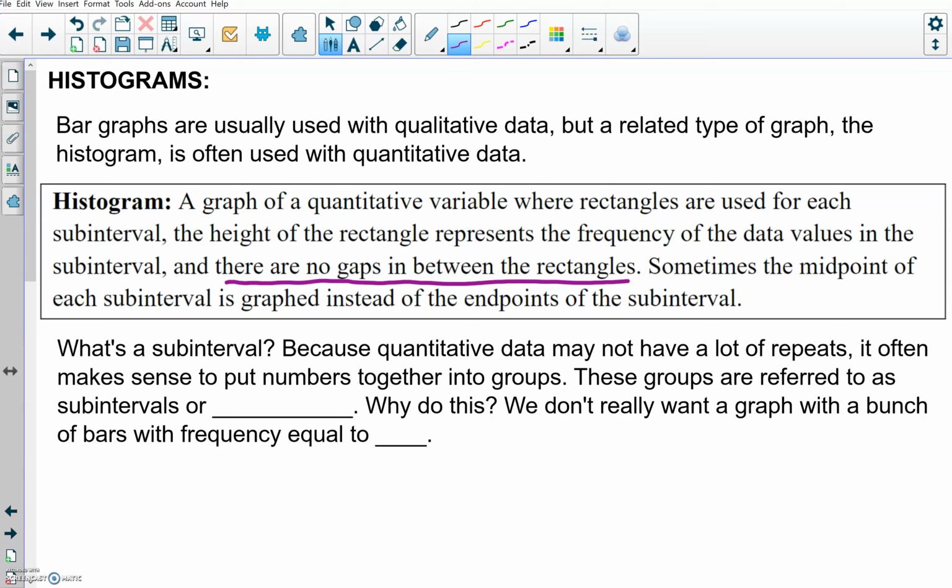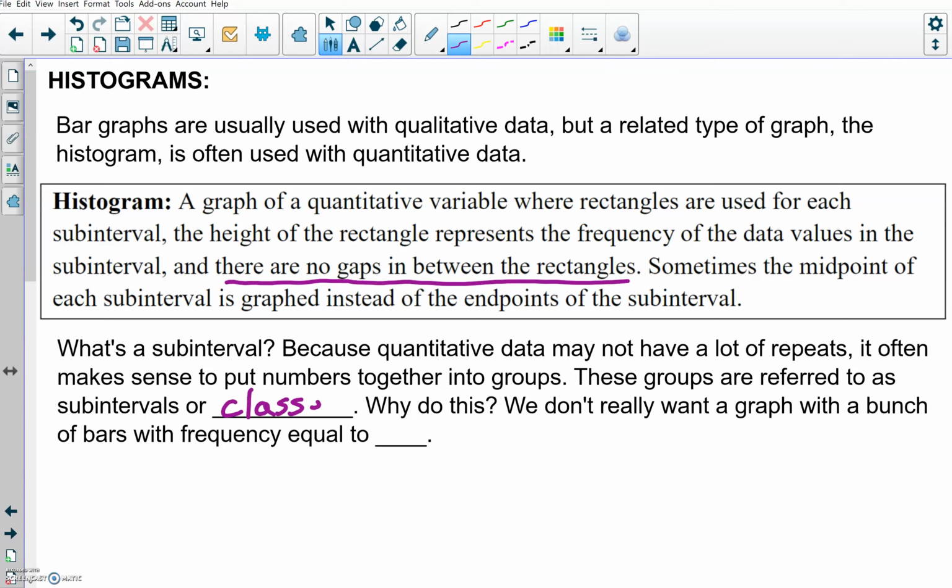So maybe everybody from 5'5" to 5'9" is going to be in a certain group. You just lump them all together because maybe you don't have a lot of repeats there, like we did sometimes with that qualitative data. So these groups are referred to as the subintervals or classes.